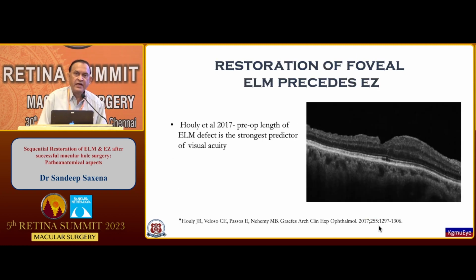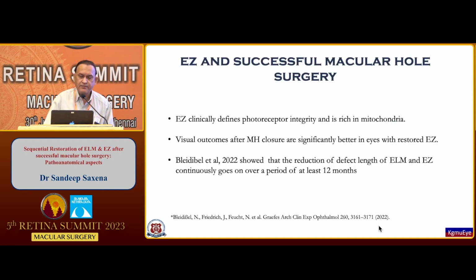Subsequently in 2017, Howley reported that the preoperative length of the ELM defect was a very important predictor for visual acuity. The EZ, as we know, clinically defines photoreceptor integrity, and the visual outcome after macular hole closure basically depends on the restoration of the EZ.